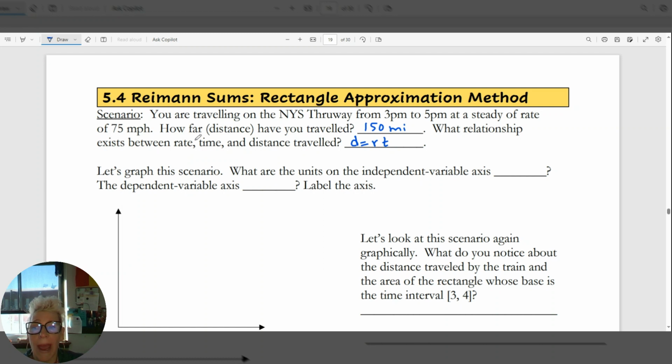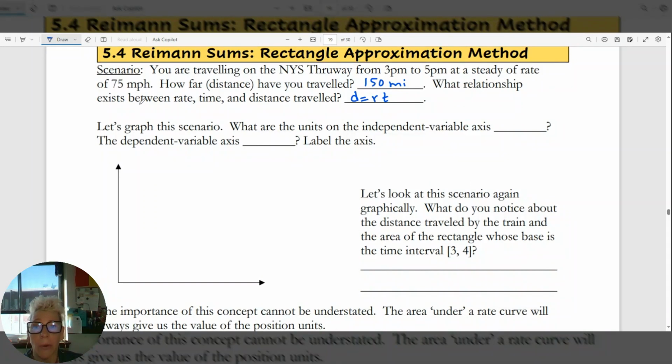So now we want to graph this scenario. We want to graph our traveling for 2 hours at 75 miles per hour. So we're going to be graphing 75 miles per hour. We're graphing the rate that we're traveling, or in other words, the derivative. So what will our units on the independent variable be? Well, if we're going to be graphing miles per hour, then we're going to be talking about our hours.